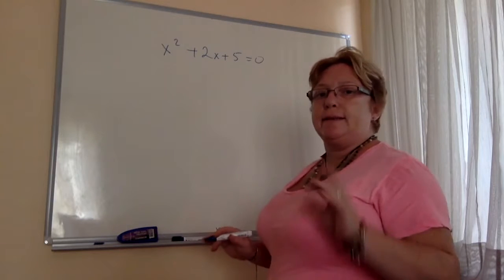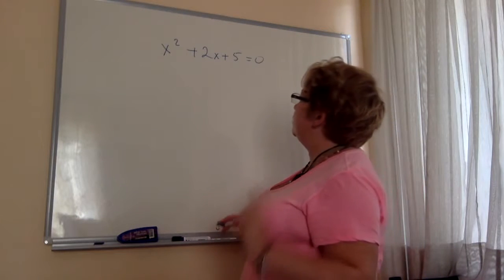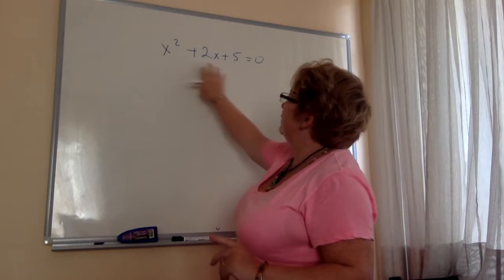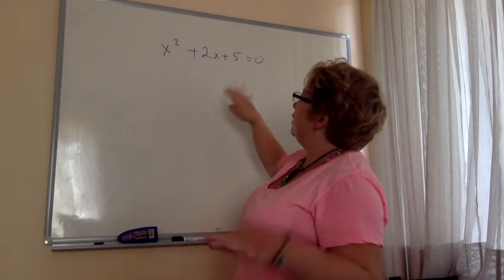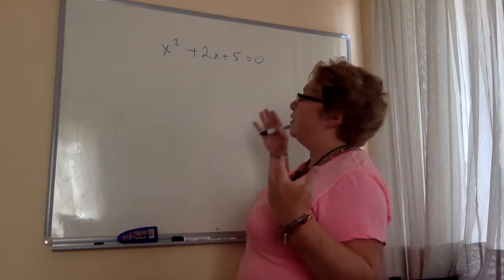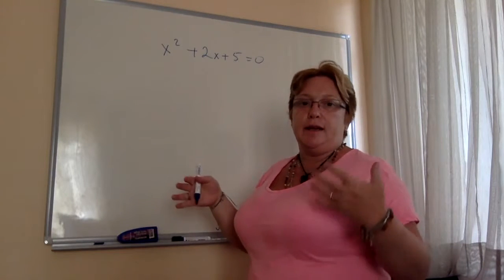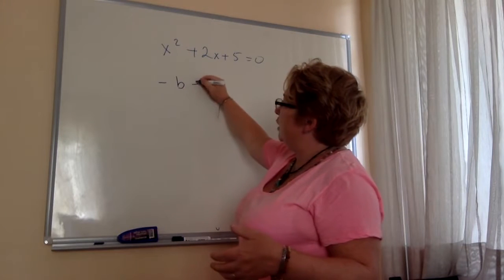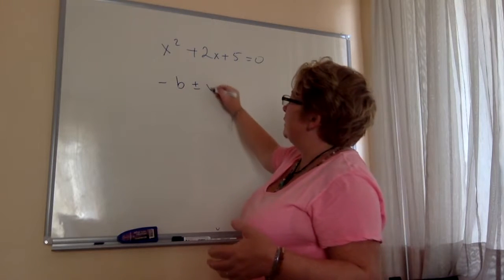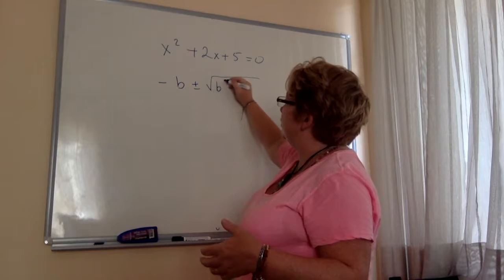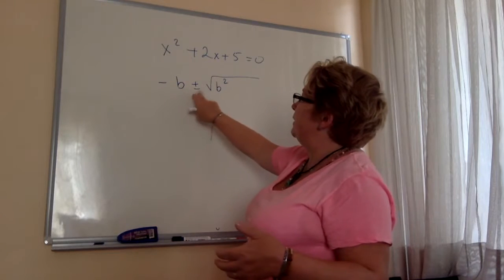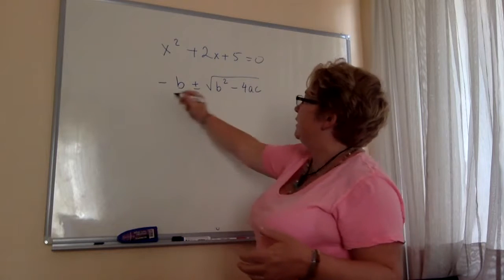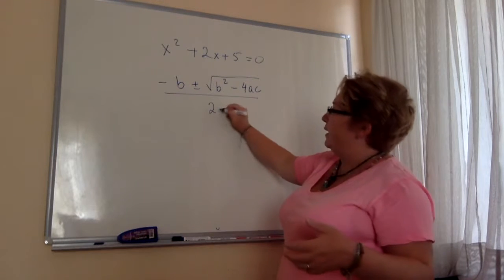Now let's take a look at this equation. x squared plus 2x plus 5 equals 0. This is another quadratic equation. Our first instinct is to try to factor this, but we find out we can't. And remember from previous work that you would use the quadratic formula. The quadratic formula said minus b plus or minus the square root of b squared minus 4ac all over 2a.